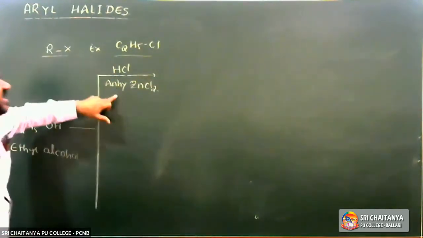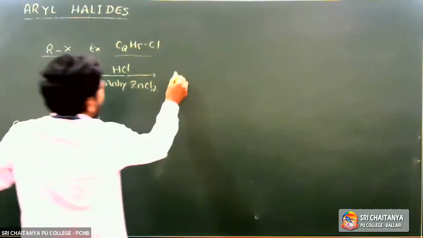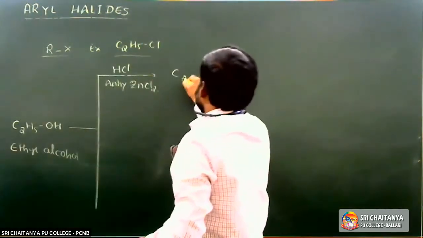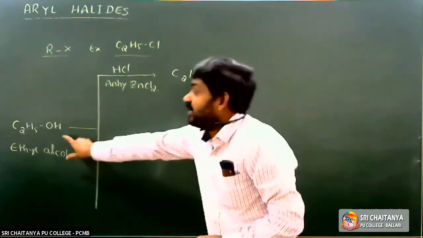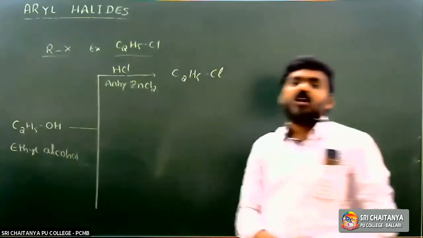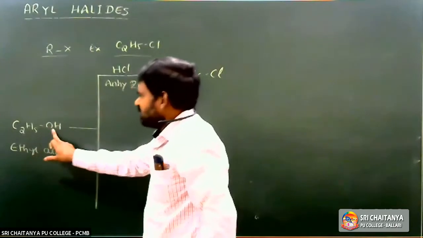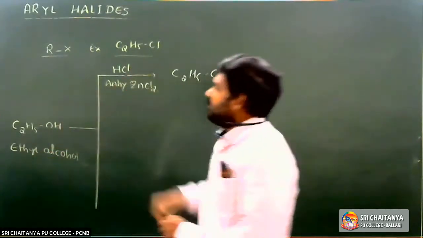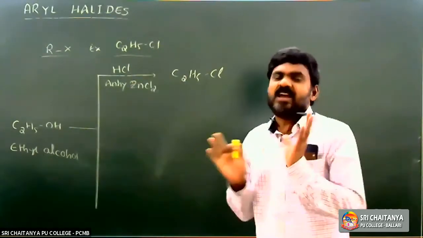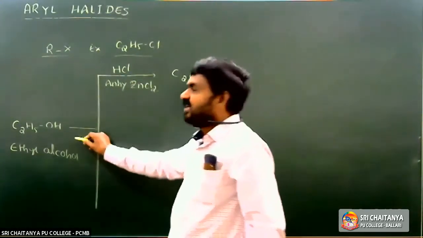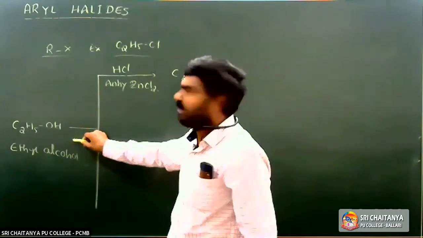Here H and OH are eliminated as water, and the product formed is C2H5Cl. In ethyl alcohol, the C-OH bond is broken and the OH is replaced by halogen. This is a method of preparation of alkyl halides from alcohol.